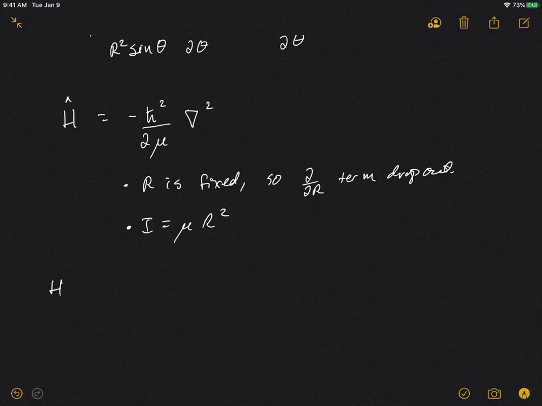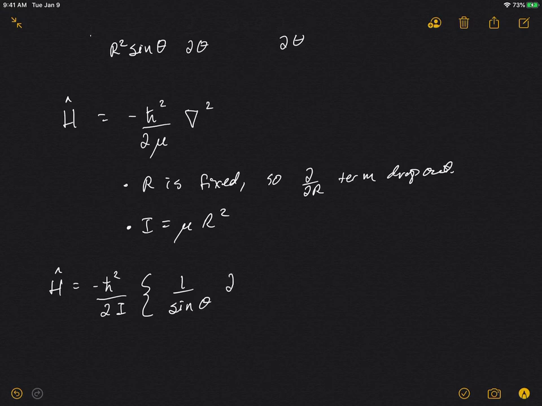So then our Hamiltonian, in terms of just the important angular parts, is minus h bar squared over 2I, times 1 over sine theta d d theta sine theta d d theta plus 1 over sine squared theta d squared d phi squared.